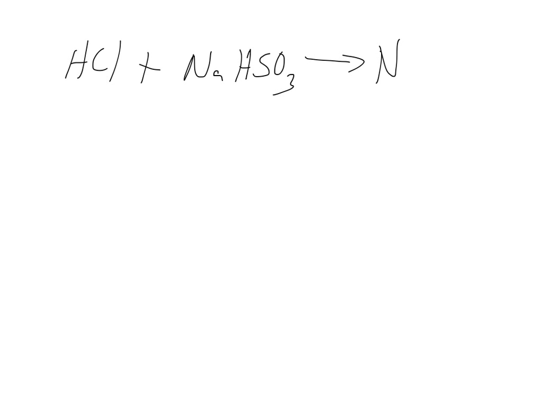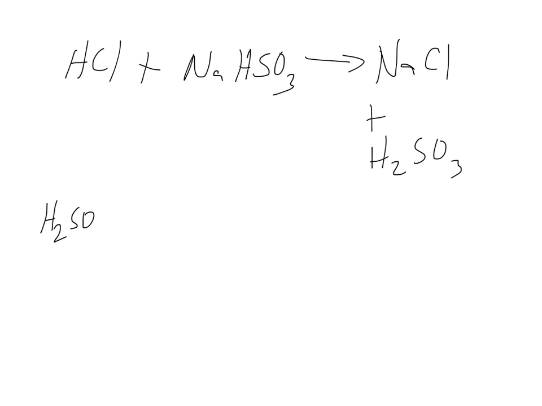Now this is different than if I have my sulfites, okay? If I take HCl plus NaHSO3 and do this double displacement style, I'm going to make NaCl plus H2SO3. Now this is sulfurous acid.